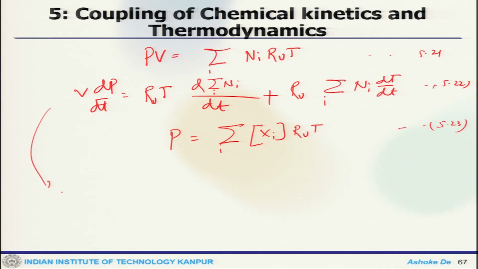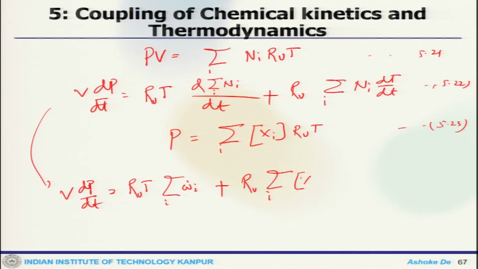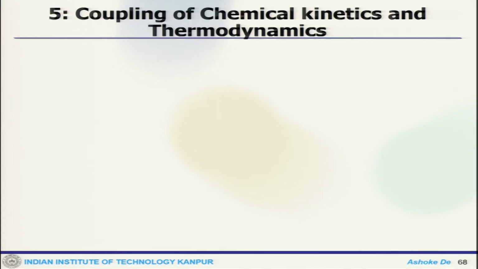So, from here we get V dP/dt equals R_u T omega dot_i plus R_u summation i x_i dT/dt. Now, this equation 5.20 can be integrated simultaneously with the species equations to determine T and x_i.